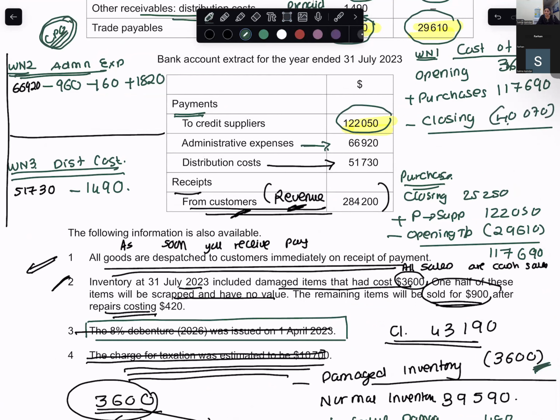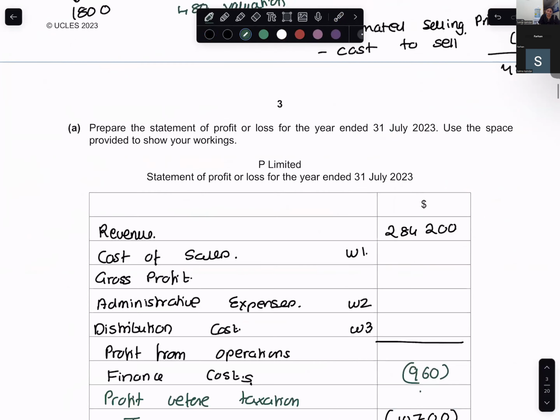So what is my cost of sales? Your cost of sales would be 36,800 plus 117,690 minus 40,070. So your cost of sales is how much? 114,420. So I will put this in cost of sales.